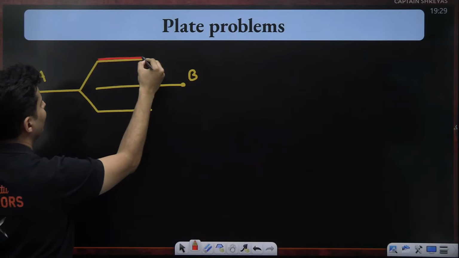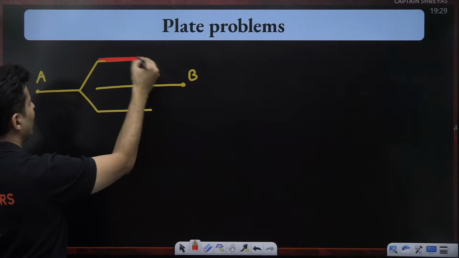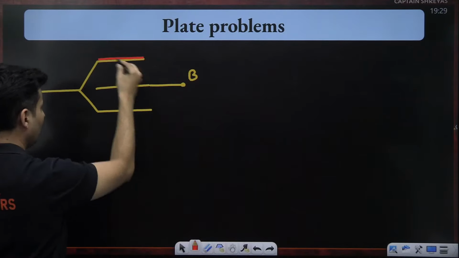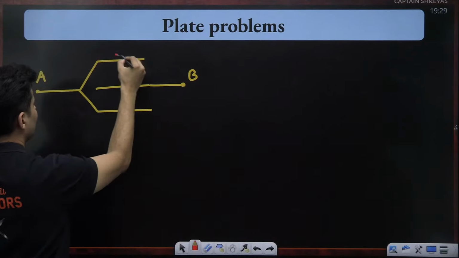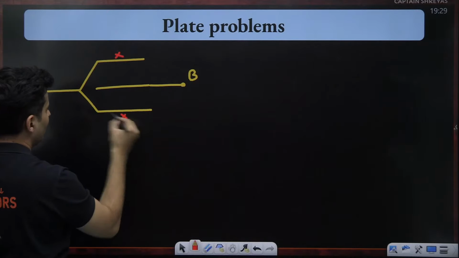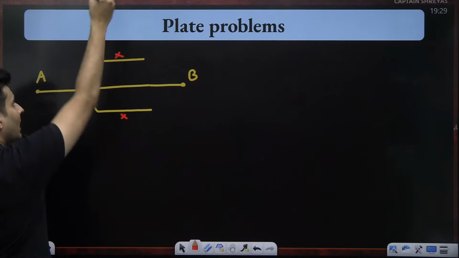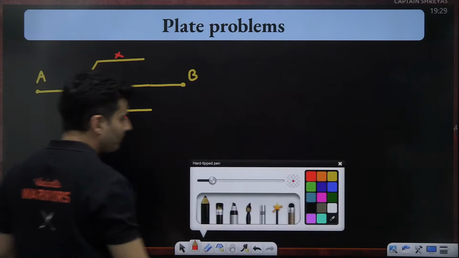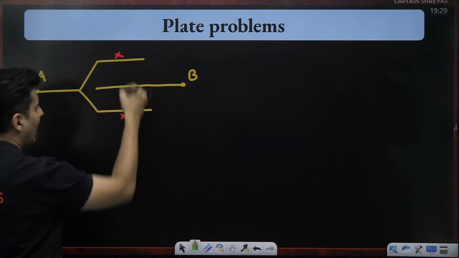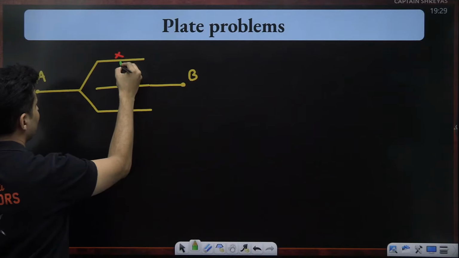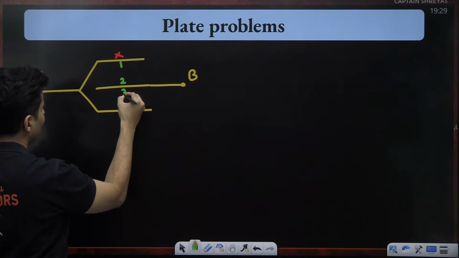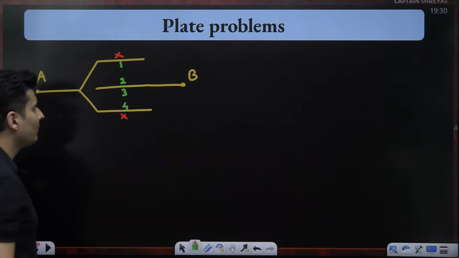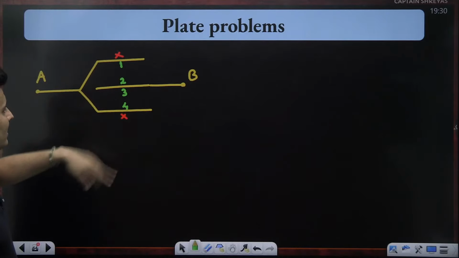Each plate will have two sides, one on the top, one below. This is not doing anything. Even this is not doing anything because it is facing the sky, the atmosphere. No use. The only ones which are actually facing something are face number 1, face number 2, face number 3, and face number 4. 1 is facing 2, 3 is facing 4.